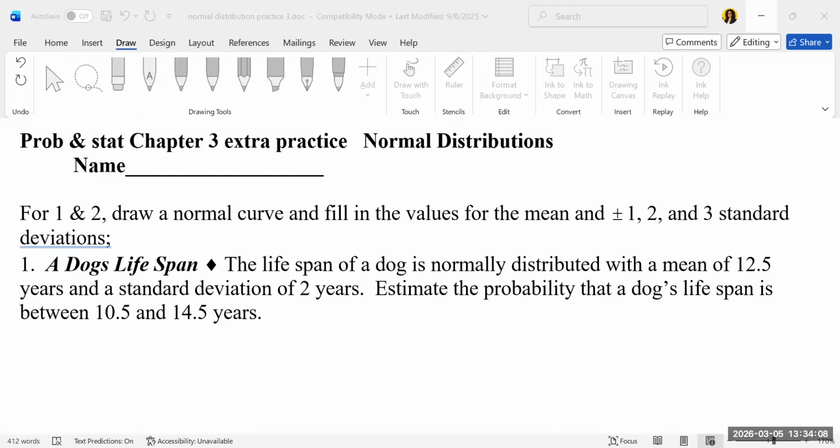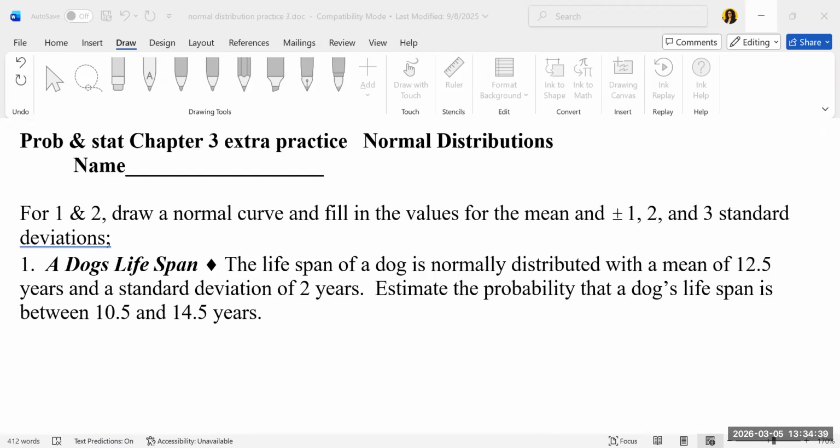According to the empirical rule, 95% lie between plus or minus 2 standard deviations. And according to the empirical rule, 99.7% of data lie within plus or minus 3 standard deviations.